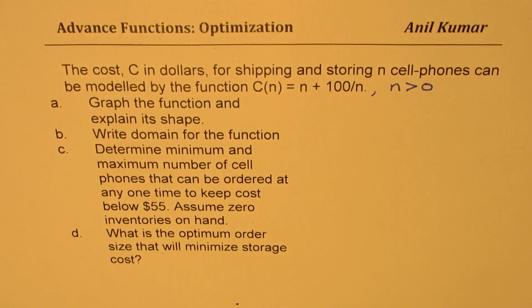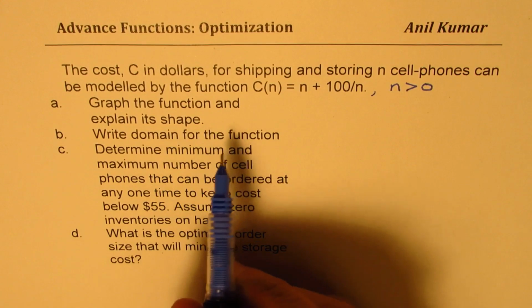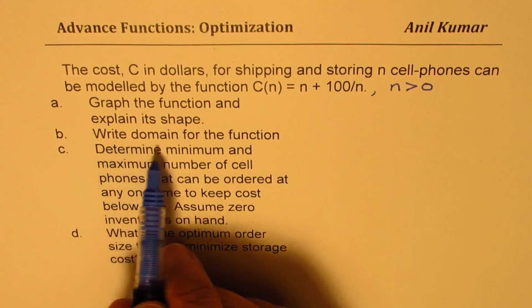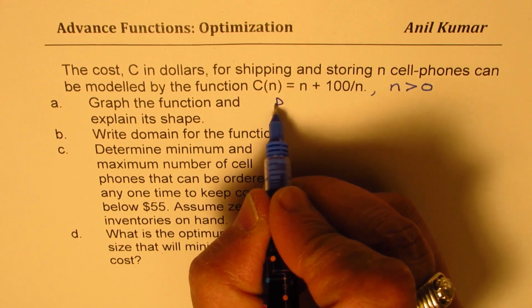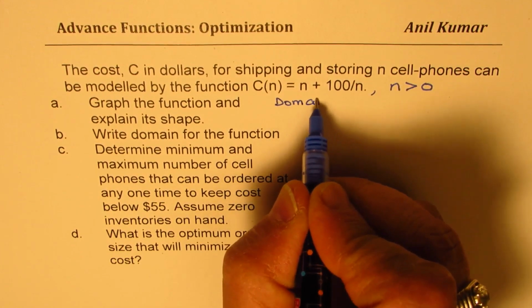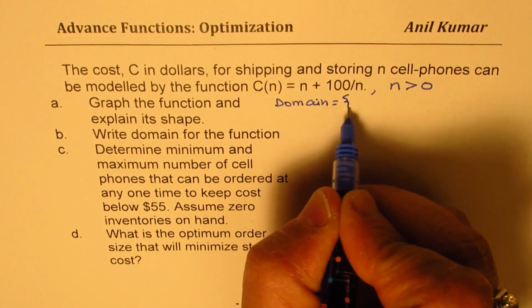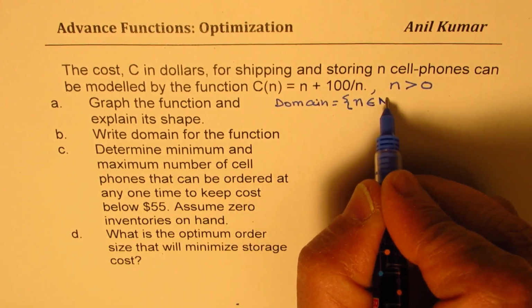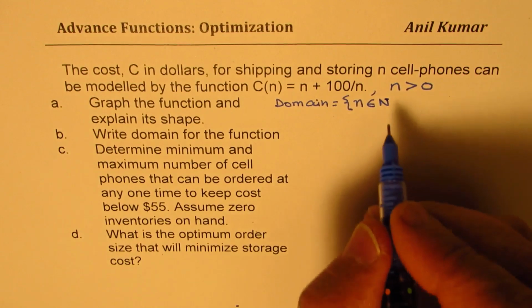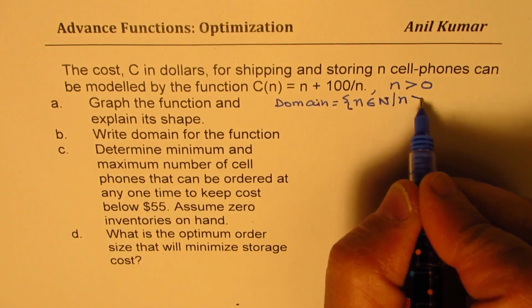So we are non-negative integer values. So as far as the domain is concerned, let me write down domain of this function. So we can say domain is n belongs to natural numbers, right? And we'll say n is greater than 0.